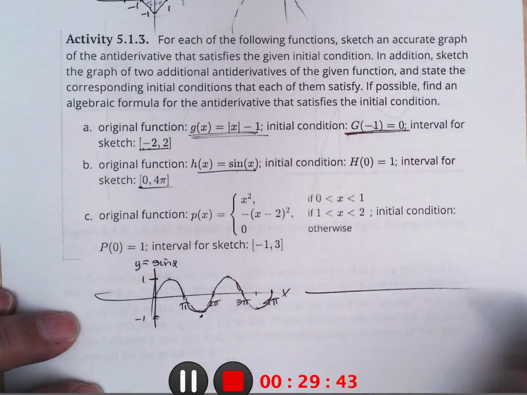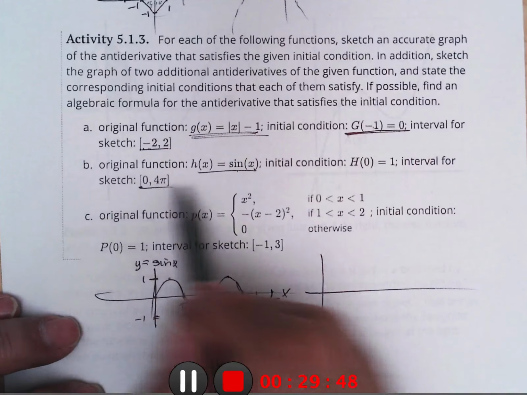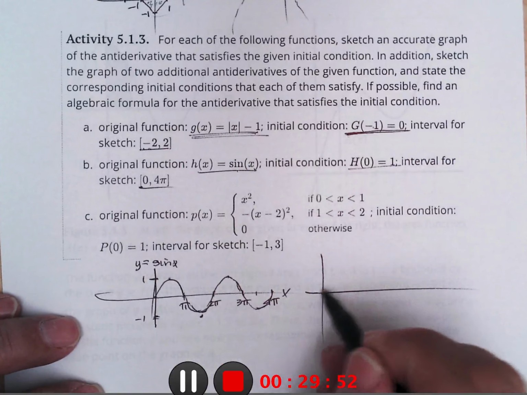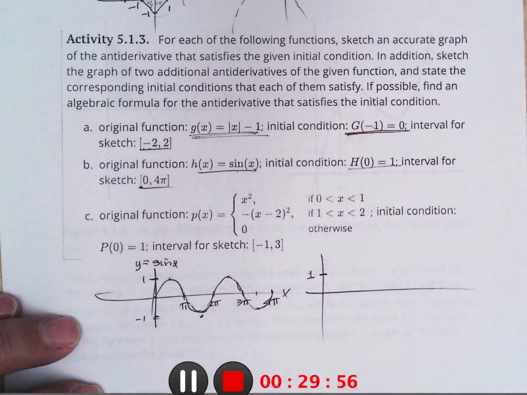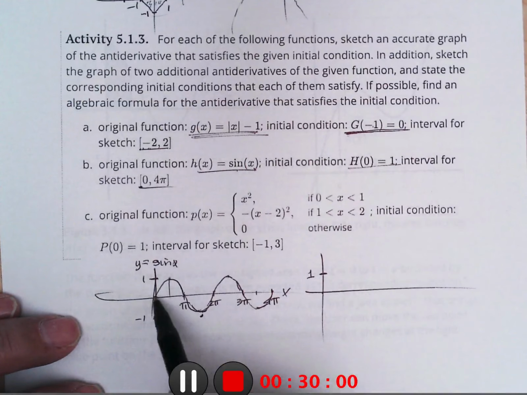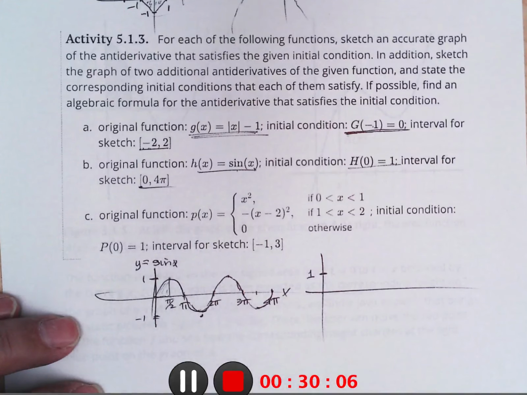Now, what does the antiderivative look like? We're supposed to start, the antiderivative at 0 is 1. So we're going to start at 1. All right, so we need to know what the area is between 0 and pi over 2. Well, I'm going to tell you it's 1.